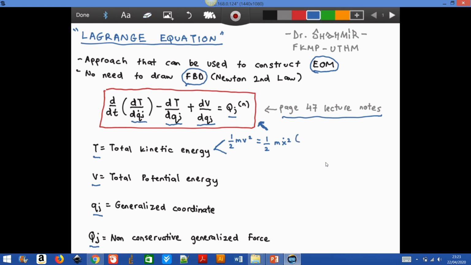Alright, this is for translational vibration, where you have a spring and mass system. How about for torsional vibration? For torsional vibration, the total kinetic energy would be half J theta dot squared. Okay, this is the case for rotational or translational vibration.